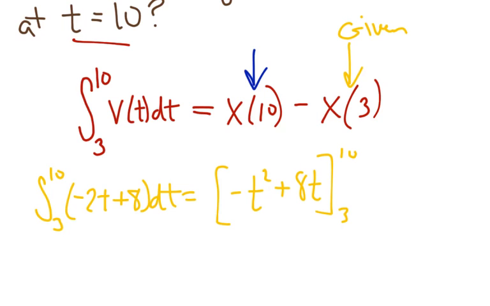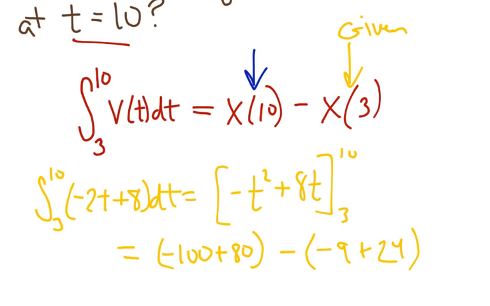We'll evaluate it from 3 to 10, and then we're going to get negative 100 plus 80 when I plug in 10, minus, and when I plug in 3, I'm going to get negative 9 plus 24. And so this is going to work out to be negative 20 minus 15. And so negative 35.